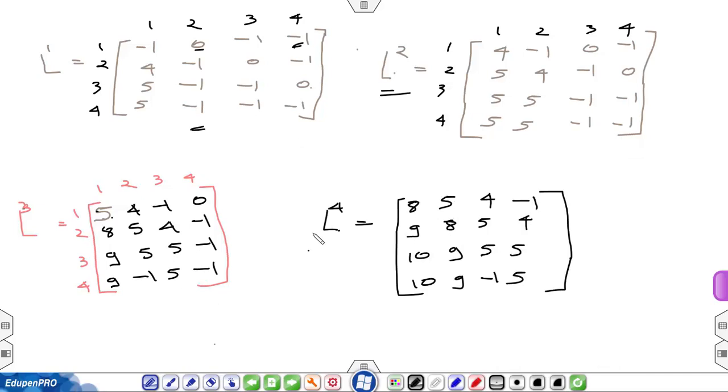In the same way you can calculate elements for L4 and the values are written directly. You can verify it by solving the equation. So we have calculated all four matrices L1, L2, L3 and L4.